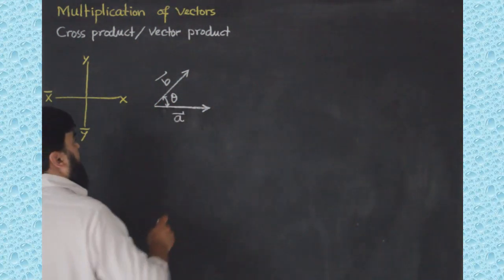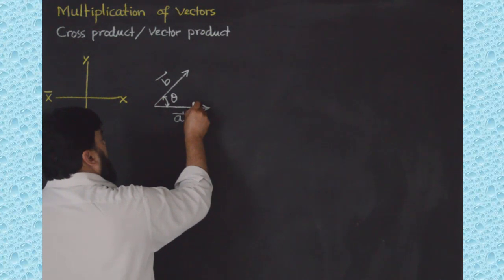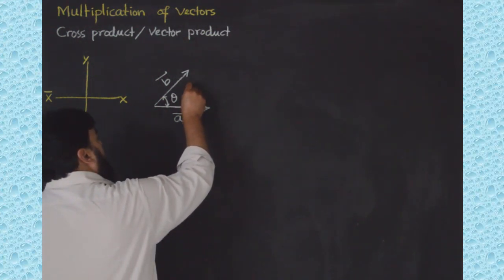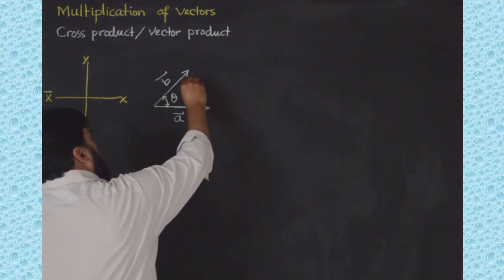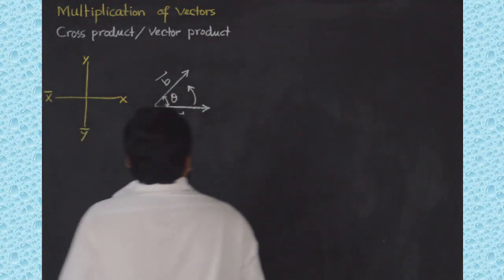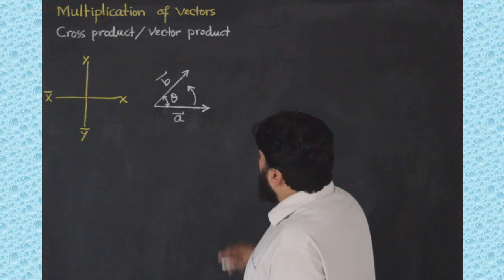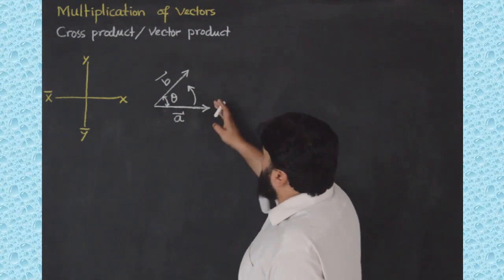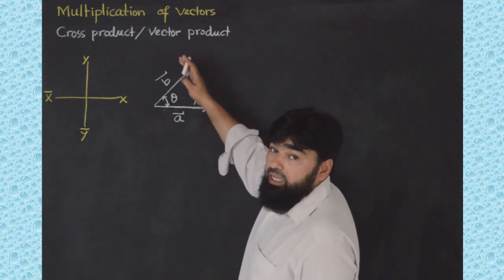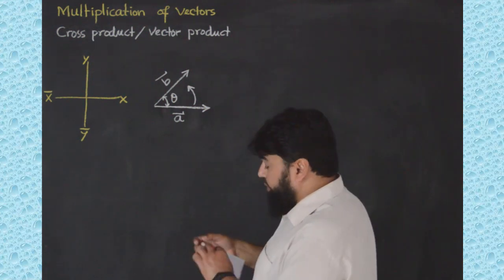Let's first rotate this vector along this vector. Now, if I rotate this vector along this vector, then this vector will sweep some area. And how much will that area be?